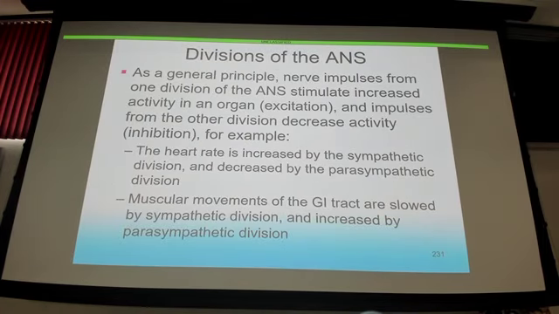Okay, as a general rule, when you look at nerve impulse from the autonomic nervous system, generally it's going to excite, and others are going to inhibit, depending upon whether you're talking sympathetic or parasympathetic systems.